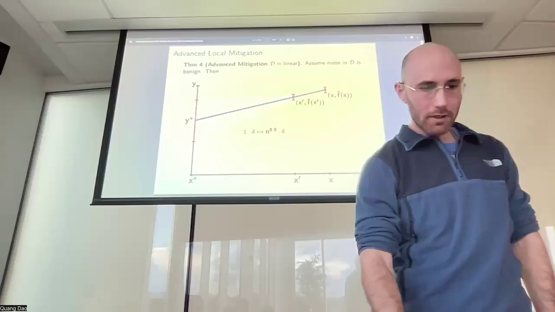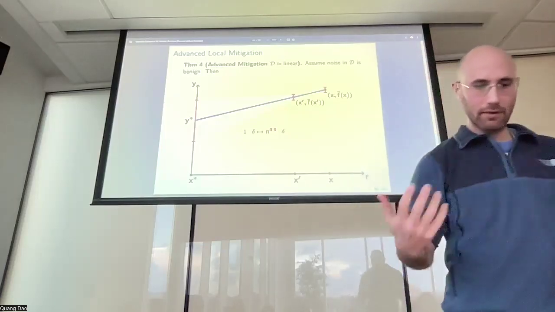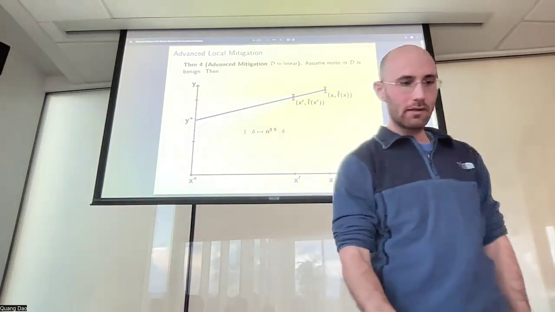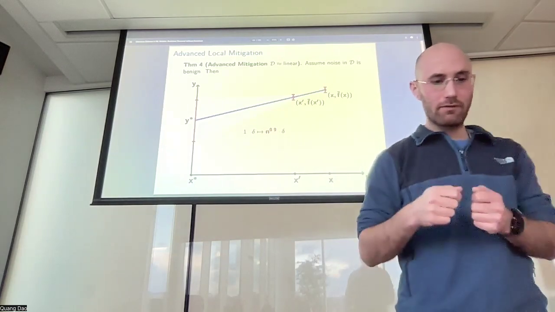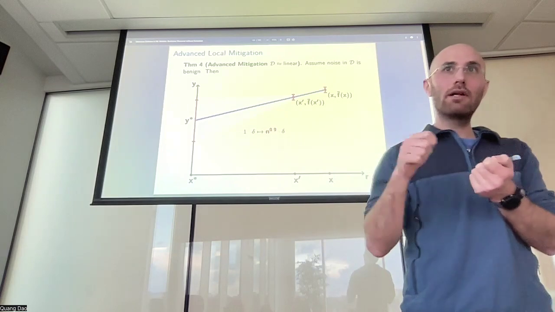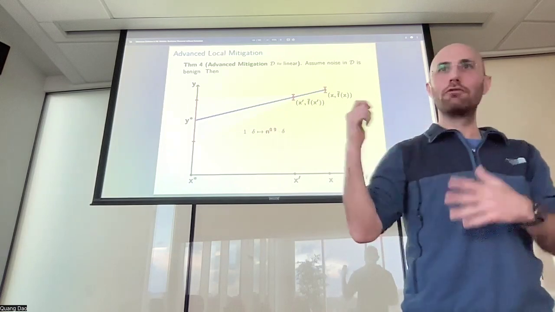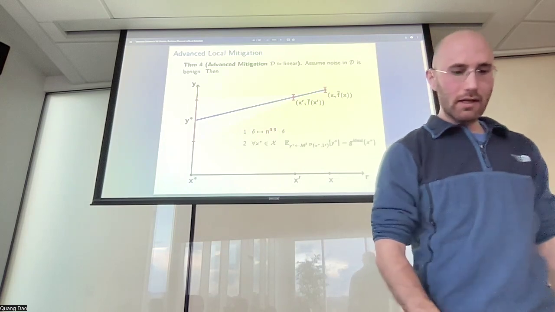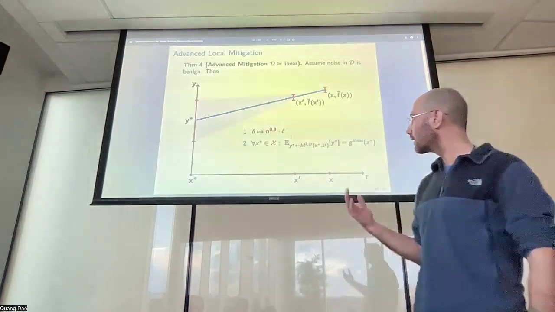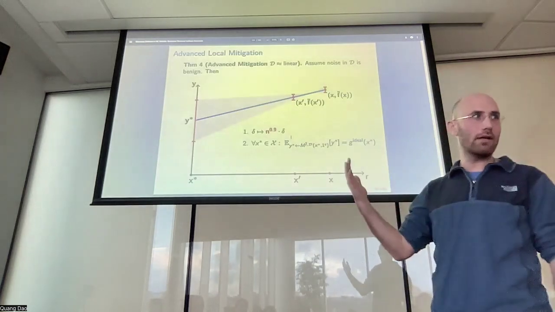So formally, we have what we call this advanced linear local mitigation, where instead of a blow-up of n times delta, we get something smaller, some root of n times delta to the 0.9. And we get a guarantee that says that the predictions will be unbiased.